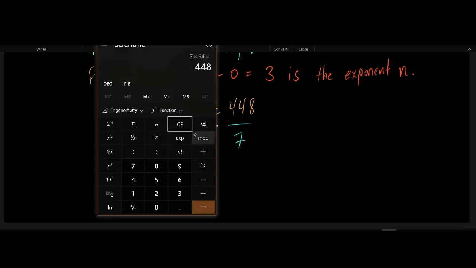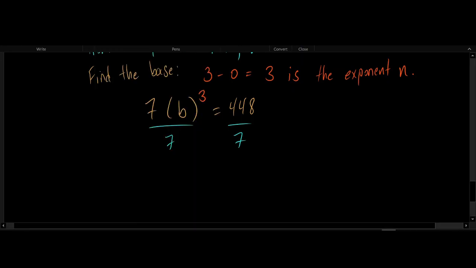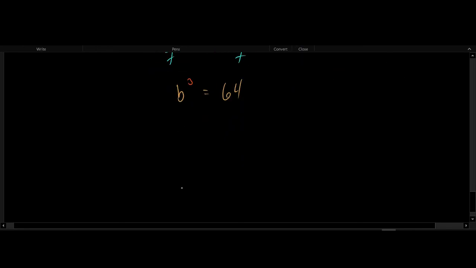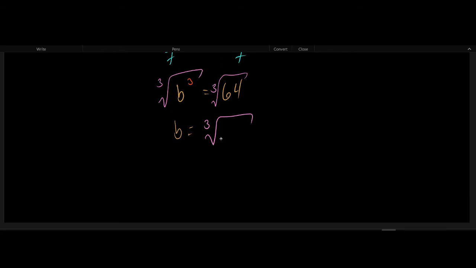Let's go to the calculator. And so we have 448 divided by 7 equals 64. B to the third power equals 64. And let's get rid of that third power using a third root. B is equal to the third root of 64.